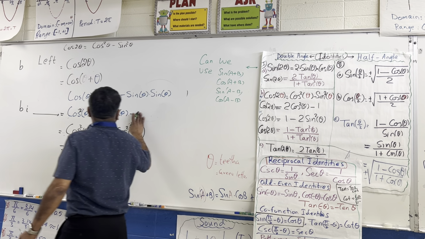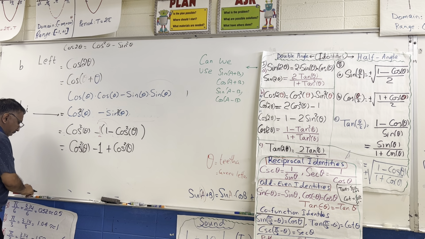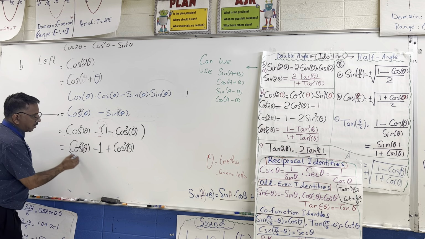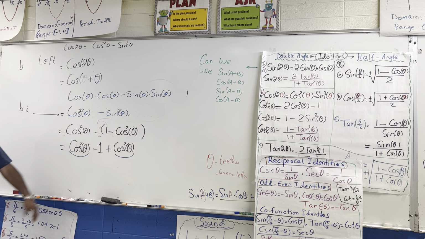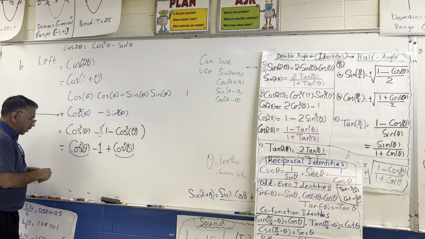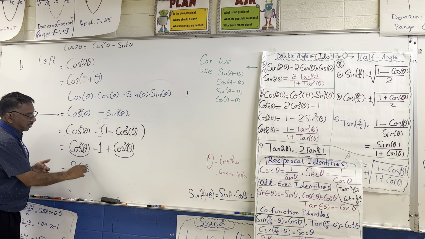Okay, so what can we combine? They look alike, right? That is cosine square, and this also is cosine square, two of them. In words, two of them, but we can say twice cosine square.